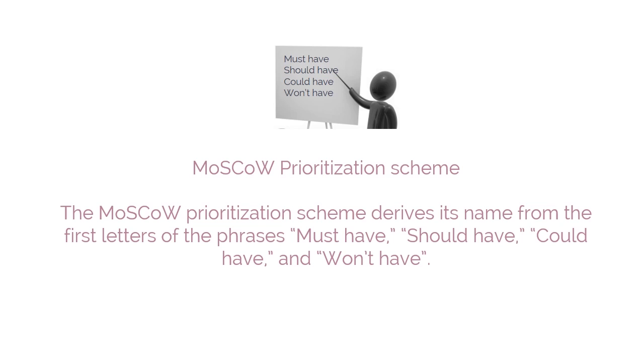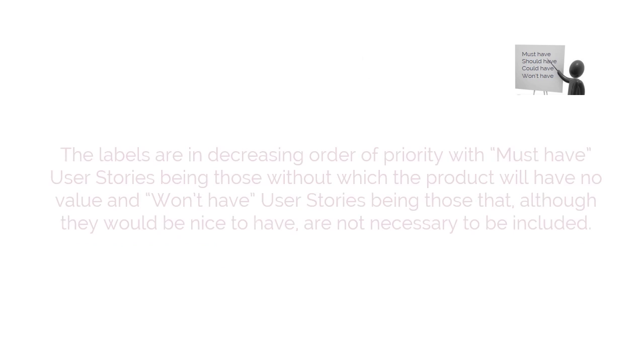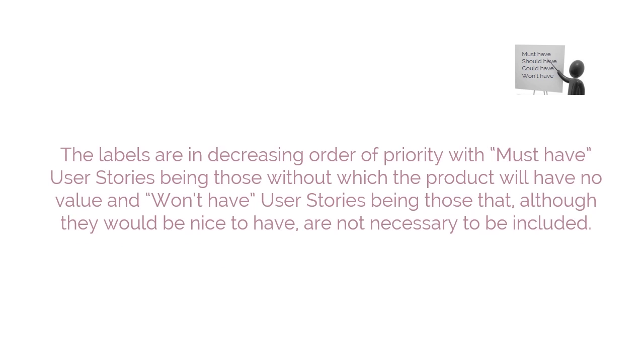This prioritization method is generally more effective than simple schemes. The labels are in decreasing order of priority, with must-have user stories being those without which the product will have no value, and won't-have user stories being those that, although they would be nice to have, are not necessary to be included.